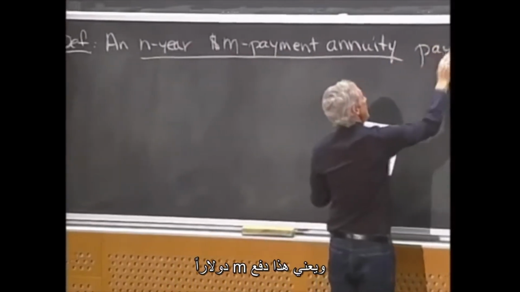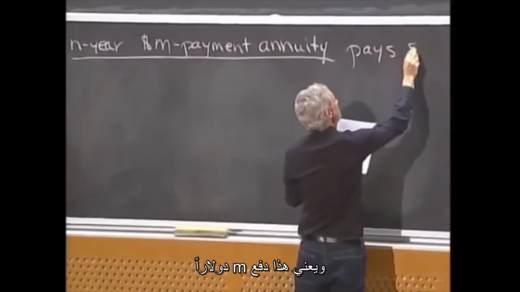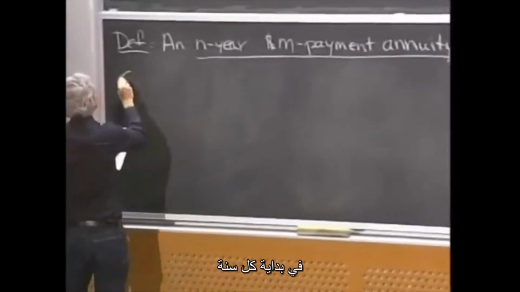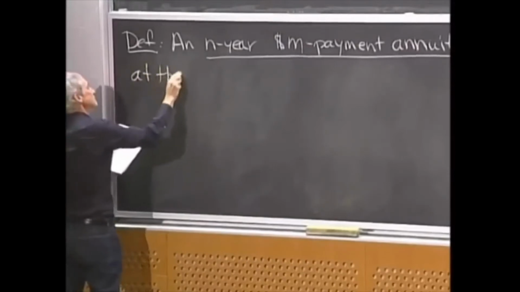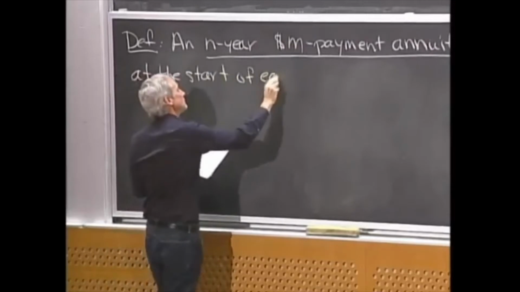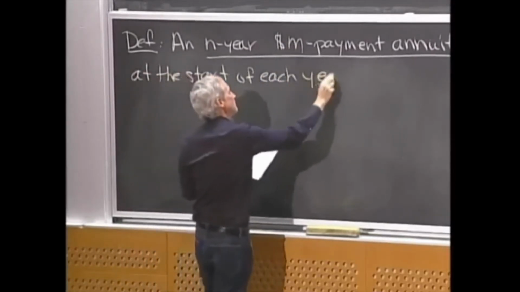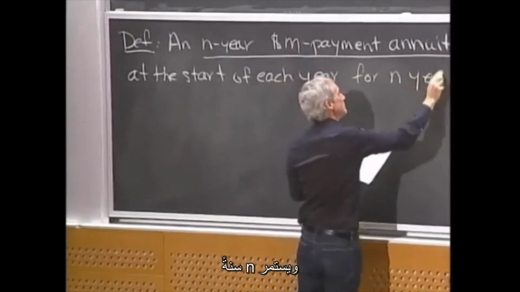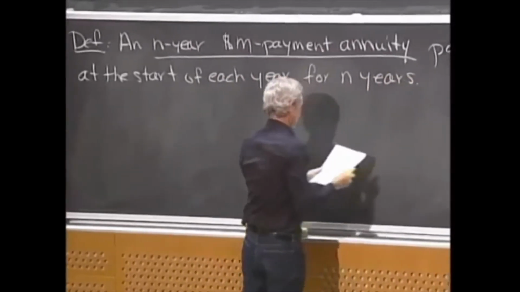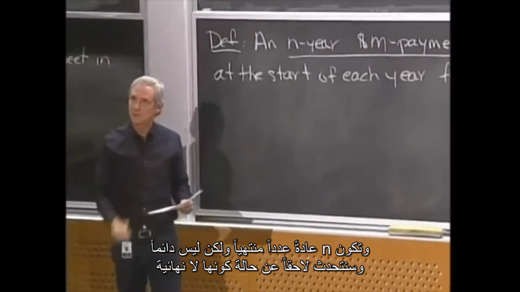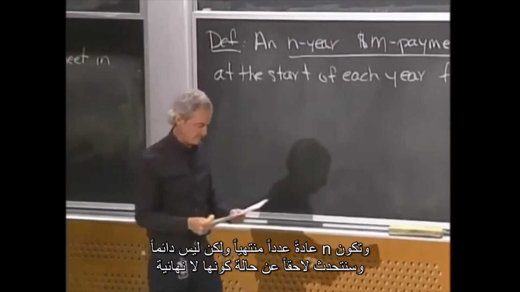And it works by paying M dollars at the start of each year. And it lasts for N years. Now, usually N is finite, but not always. And in a few minutes, we'll talk about the case when it's infinite.